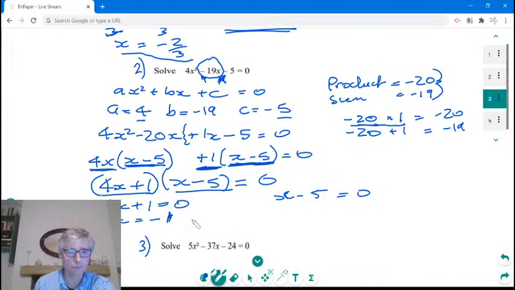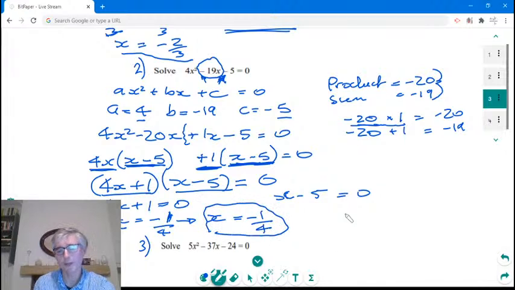The next step from that would be to divide both sides by 4, and then we end up with x equals minus a quarter. That's the first solution. And the second solution is a little bit easier, because if x minus 5 equals 0, then x must equal 5. So there we go. That's that one.